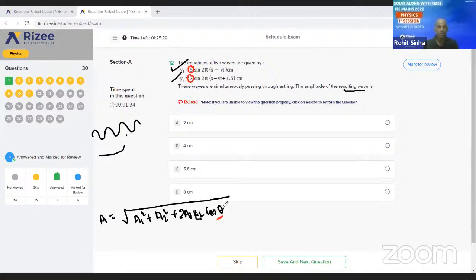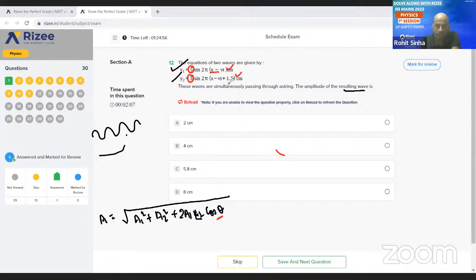Try this question, take your time. If you observe the equation of both the waves, the wave is given as y is equal to a sin(omega t - kx) in this pattern. These two waves are moving in the same direction, so here interference can occur.